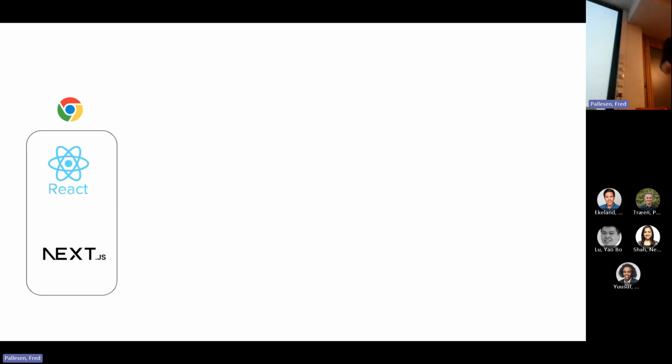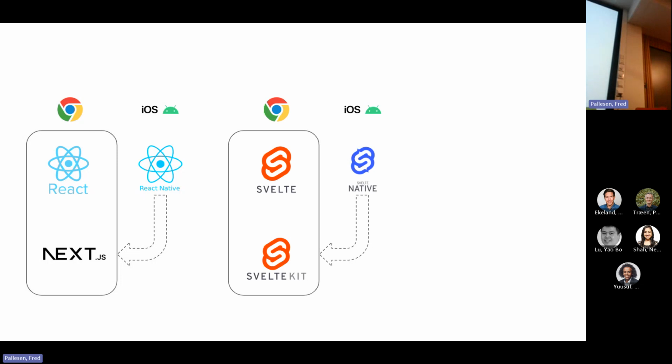These are tightly integrated. Unfortunately, React Native is not as easily integrated. You can use Next, you can create the API and whatever, but it's not completely integrated the way that React and Next is. And the same applies for Svelte, because you have Svelte and SvelteKit, front end and back end, and you have Svelte Native, which you have to plug in.